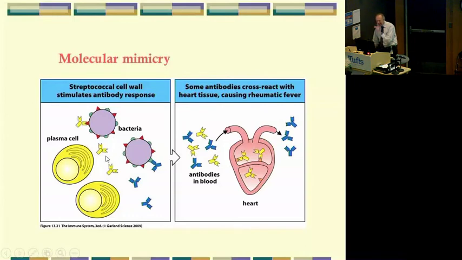But in some people, some of these antibodies cross-react with heart tissue, giving a disease called rheumatic fever. In some people, these beautiful yellow antibodies that we made from the plasma cells, and blue ones, will combine not just with the strep, but with heart muscle, and that gives us rheumatic fever.